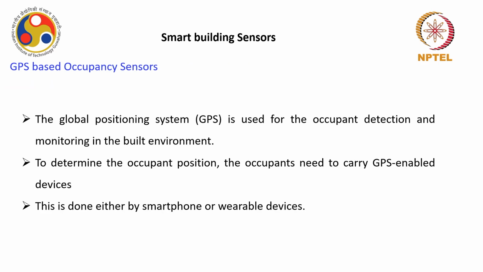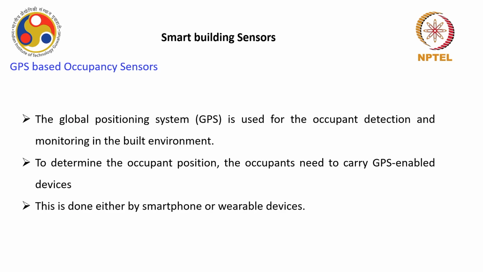Then another kind of device that we thought we will discuss is the GPS, or the global positioning system. How we can use a GPS system, this is mostly localized to outdoors, but of course you can still use it in the indoor ambience also, okay.